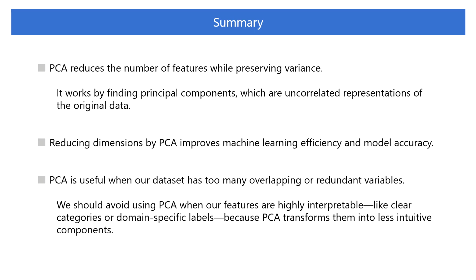PCA is useful when our dataset has too many overlapping or redundant variables. However, we should avoid using PCA when our features are highly interpretable, like clear categories or domain-specific labels, because PCA transforms them into less intuitive components.